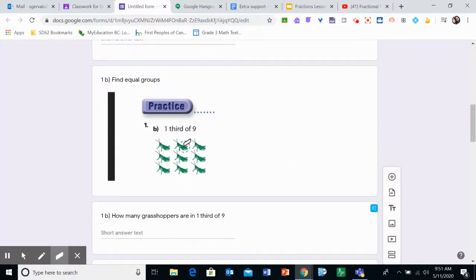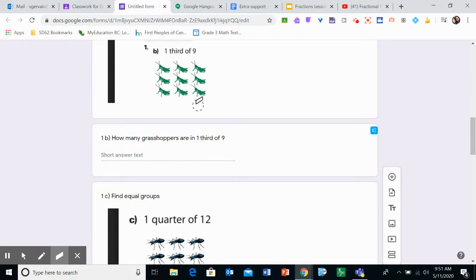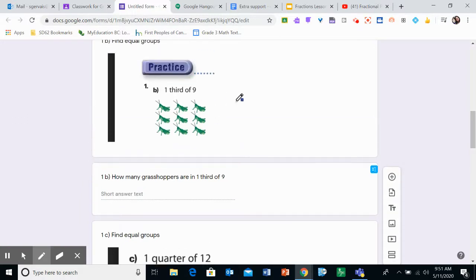All right. 1B is 1/3 of 9. So if we wanted to take these 9 grasshoppers and we wanted to split them into 3 equal groups. So 1/3. Think of 1 out of 3. We want to make it into 3 equal parts. And I want you to tell me how many is in 1. So if we were to split it, 1 group of 3, 2 groups of 3, 3 groups of 3.